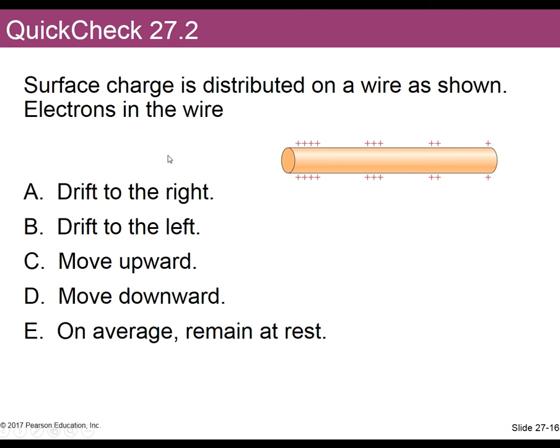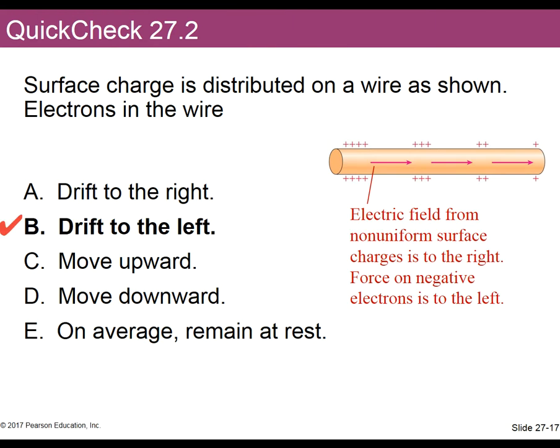So if we have this situation where it's more positive surface charge around this area, then less positive, less positive, less positive, which direction will the electrons in the wire drift? Go ahead and pause for a moment and see what you think. Okay, we're back. If you had guessed drift to the left, you were correct. There will be an electric field that points more to the right, which means that there will be an electric force on electrons moving to the left.